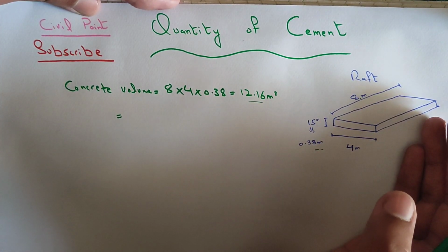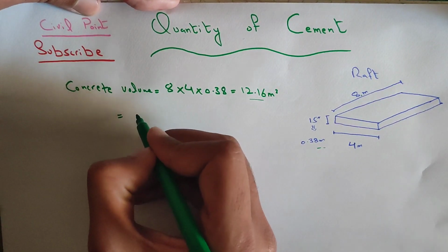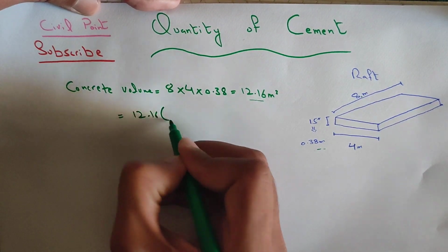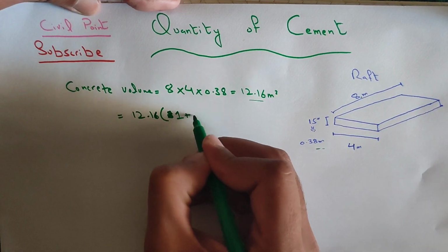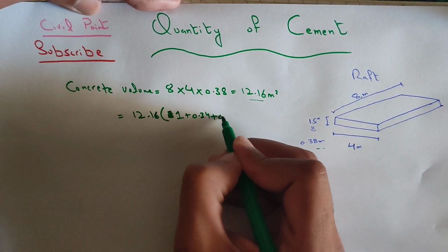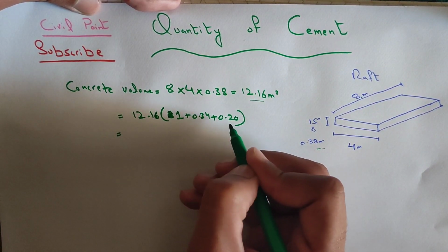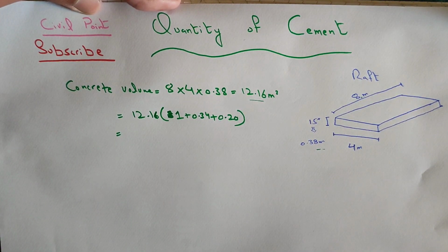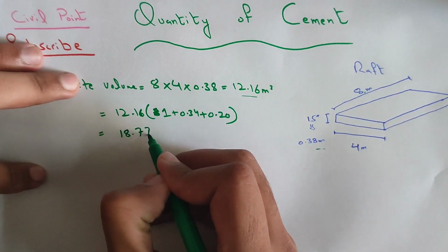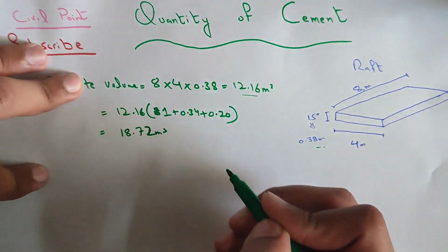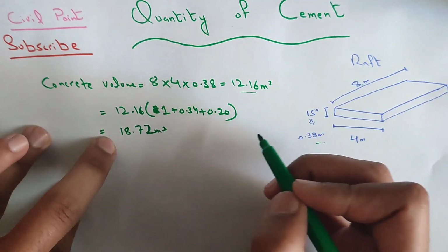Obviously on construction sites we have to face some wastage. So we take 12.16 and add 34% for shrink volume, 0.34, plus 20% for wastage. So after calculation we got 18.72 meter cube. So this is our final volume of concrete that we will have to use for this pouring.